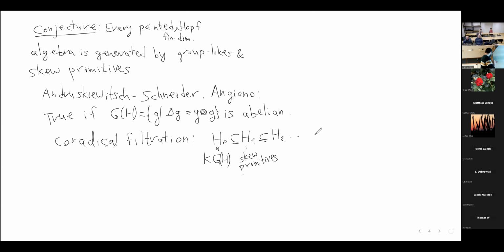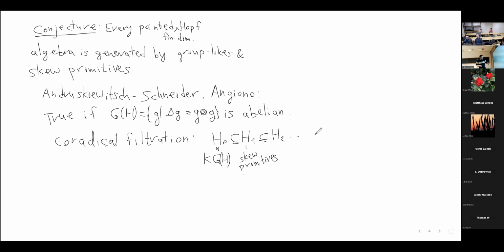Then I have H2, which I will not tell you exactly what happens there, but it is dual to the filtration by powers of the Jacobson radical when we speak about the dual Hopf algebra, which is also a finite dimensional Hopf algebra.